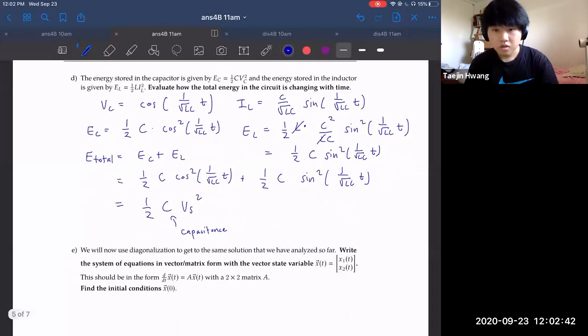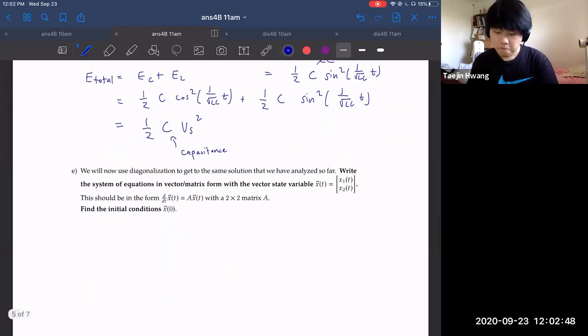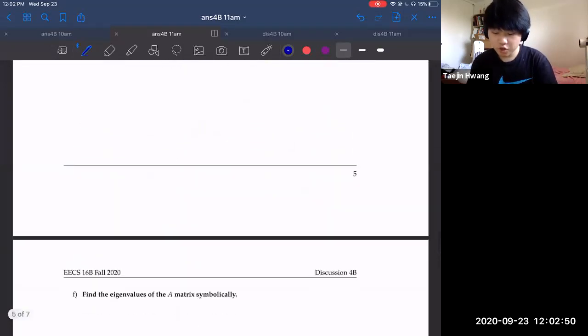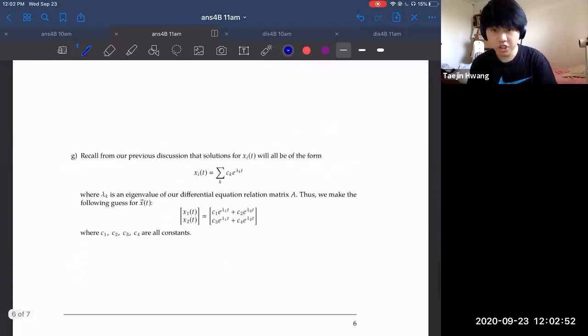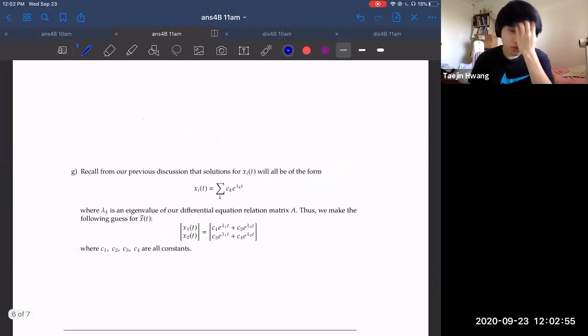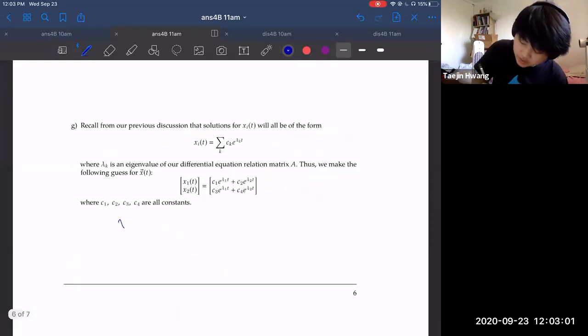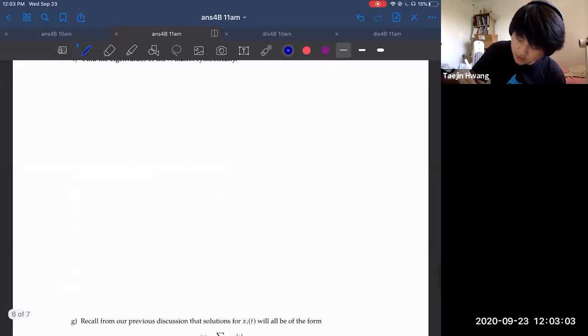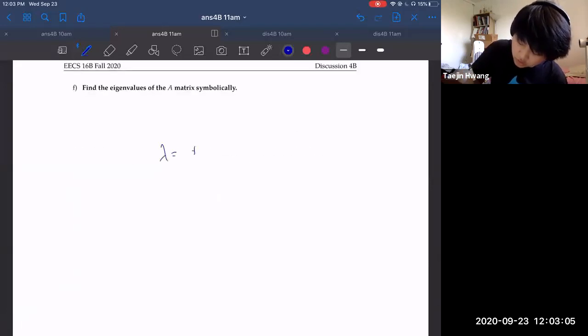Okay, and I know it's 12:02, so I'll wrap up real quick, but parts E and F are just getting you to solve the differential equation using diagonalization. So I think all you need to do here is take the guess and check approach. You'll realize that the eigenvalues are complex.